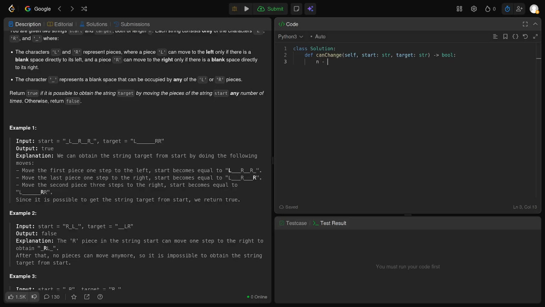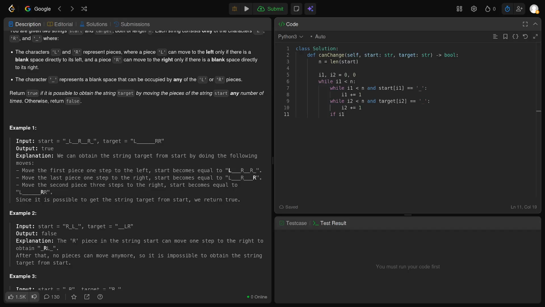So let's start. Okay, and then we got index start, no, okay, I1, I2, 0, 0, and then while I1 under n and start I1 is underscore, I1 plus equals 1, target I2 is this, I2 plus equals 1.